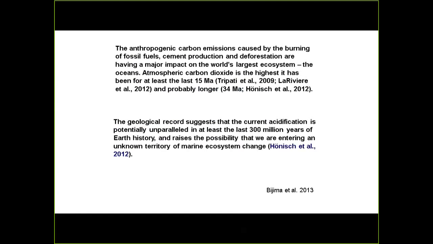I think I've seen estimates that maybe 5% of all the total excess CO2 emissions are from cement manufacture. So how much carbon dioxide are we going to release if we build that wall? A lot. And deforestation, of course, is the problem, having a major impact on the world's largest ecosystem, the oceans.